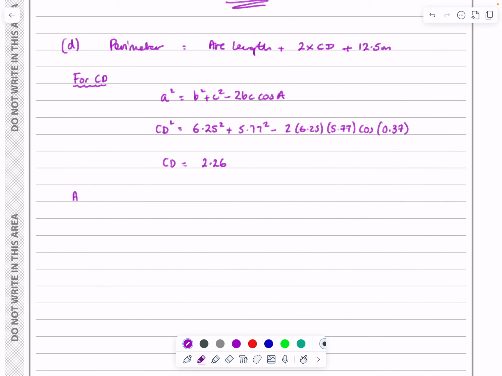Arc length then. L is just equal to r theta. So in this case, L is going to be 5.77 times 2.4. So that works out to be 13.85. All these lengths are meters here.